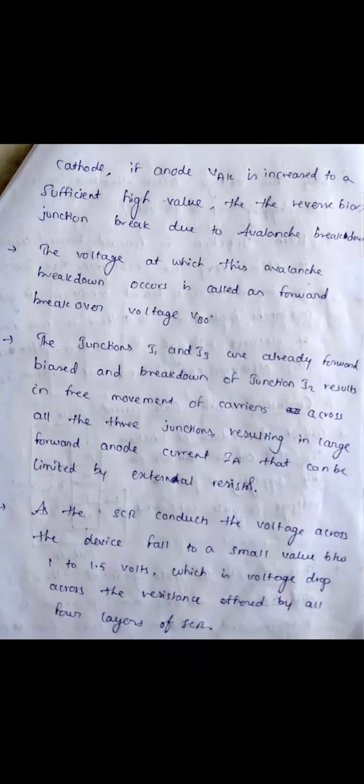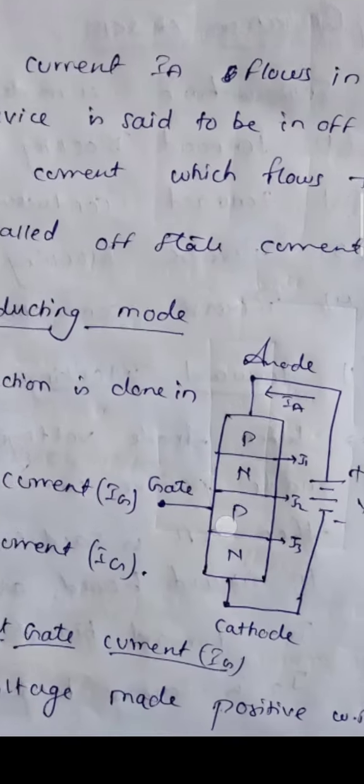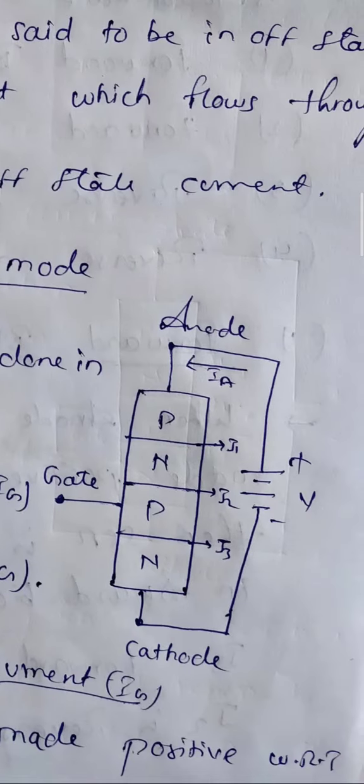The junctions J1 and J3 are already forward biased. So when we increase the voltage to a sufficiently high value, the reverse biased junction J2 will break down due to avalanche breakdown.